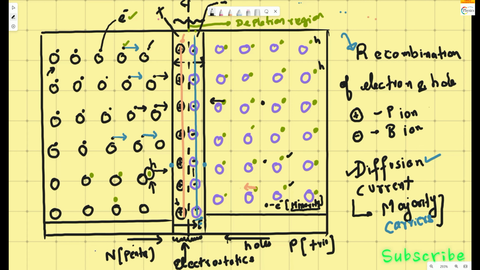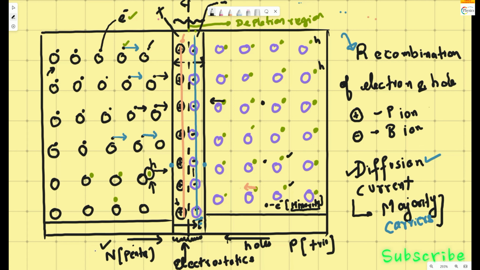These are minority carriers being referred to. And similarly, the holes on the right hand side also, they are in minority, but they also move. The hole is getting attracted to the negative side, right? So this was the negative side, the N side.